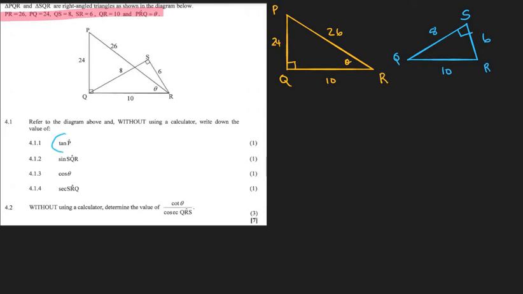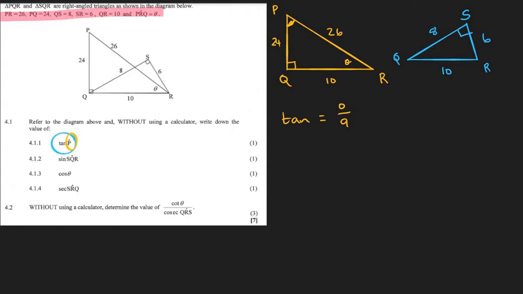So tan P, I'm going to look at this triangle there. P is going to be the angle that I'm using now. Tan, if you remember, is Oh Hell, Another Hour, Of Algebra. There's our angle.